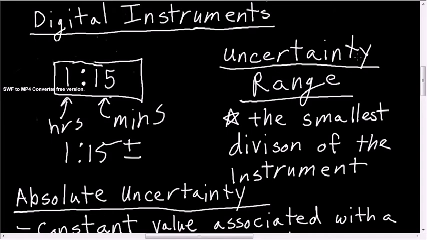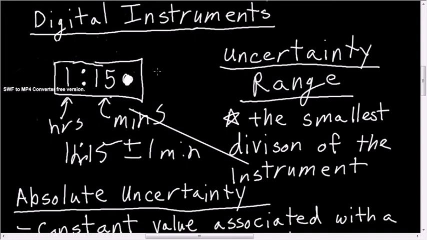So the range of uncertainty for a digital instrument is the smallest division of the instrument. The smallest division of measurement for this instrument is 1 minute. So I would say that it's 1 hour, 15 minutes plus or minus 1 minute. And the reason we don't estimate on a digital instrument like we did on the analog instrument is we have no idea what the number is in this place here.